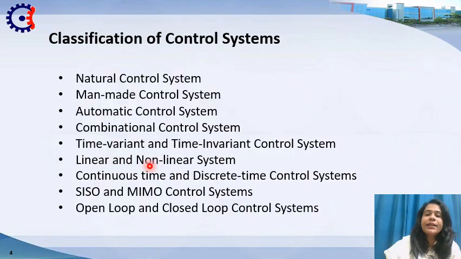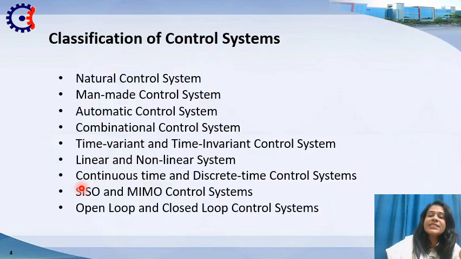Then linear and non-linear system. Linear system, output is directly proportional to the input, and non-linear system, output is not directly proportional to the input. Example of linear system, amplifier, and example of non-linear system, saturation effect.